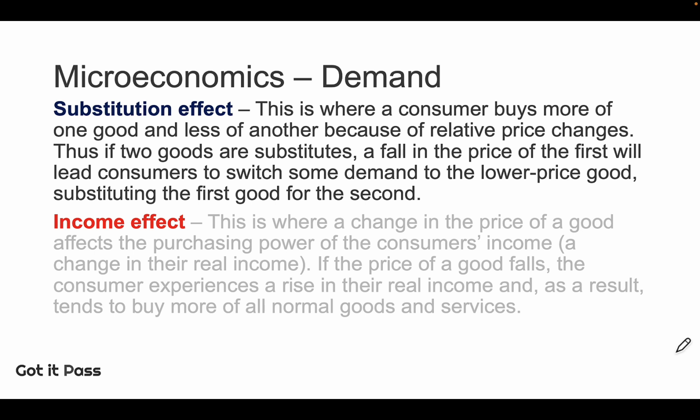One example is butter and margarine, because they are substitutes. If the price of margarine decreases, the demand for butter will be affected because of substitution effects. They are substitutes for each other, the butter and margarine.